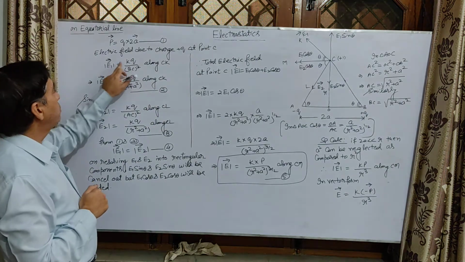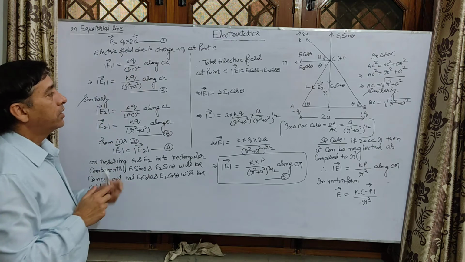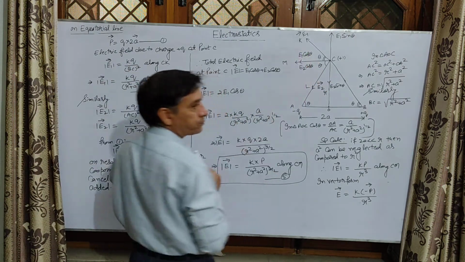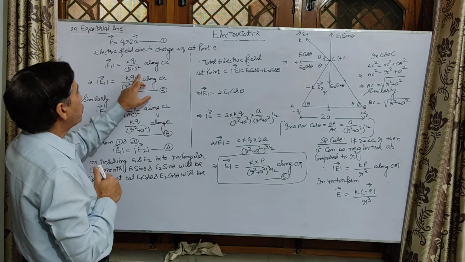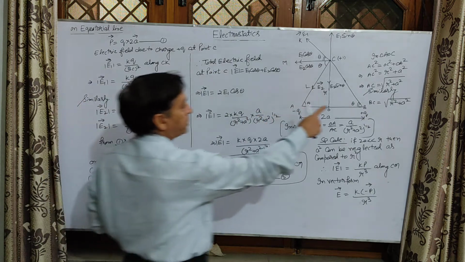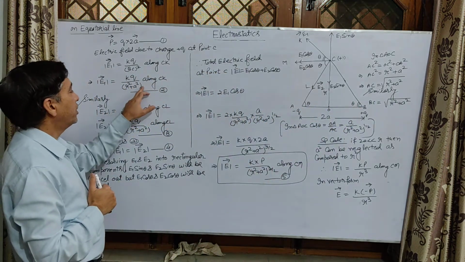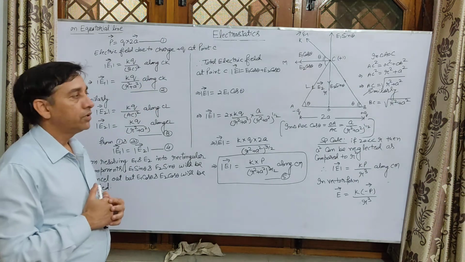E1 equals kq upon BC square, and it is directed along CK. Then E1 equals kq, and we will write the value of BC from here. So you will get r square plus a square. It is directed along CK.